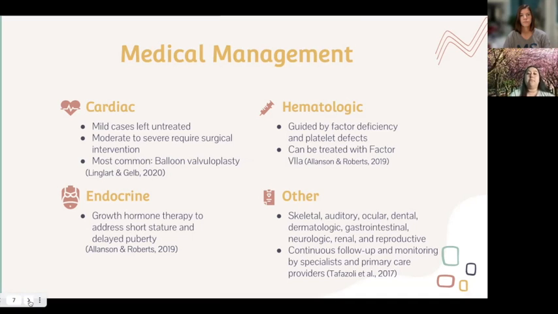However, in order to combat this, most individuals are treated using growth hormone therapy. There are other areas of an individual's life and body that do need some sort of medical care. And as long as these individuals are continuously followed up and monitored with specialists, especially their primary care providers, these areas in their medical treatment can be monitored in that way.